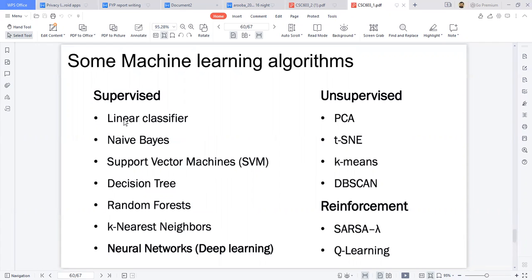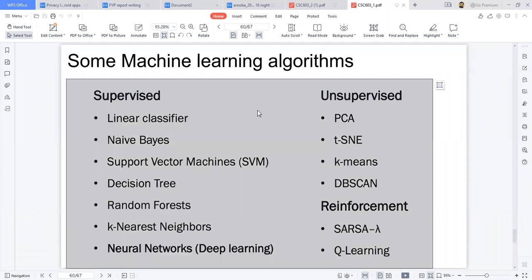Most of these algorithms are in your course content, so maybe they will teach you all, and with time we will learn what they are doing. And unsupervised learning includes PCA, t-SNE, K-means, DBSCAN, and reinforcement learning algorithms are like SARSA and Q-learning. So these are the different names of the algorithms which you will learn in this semester.